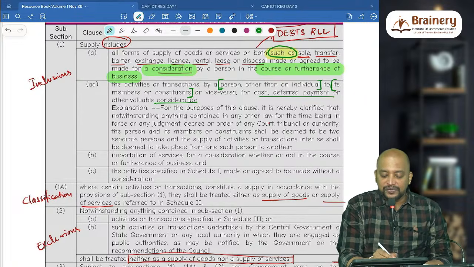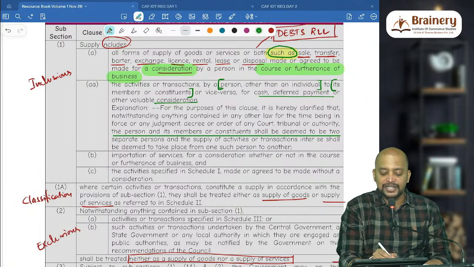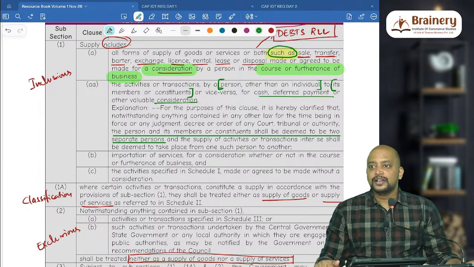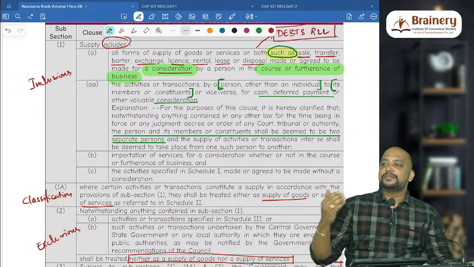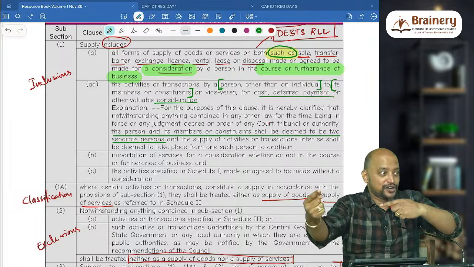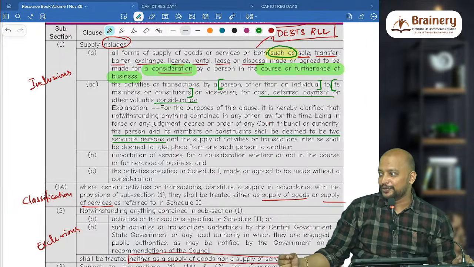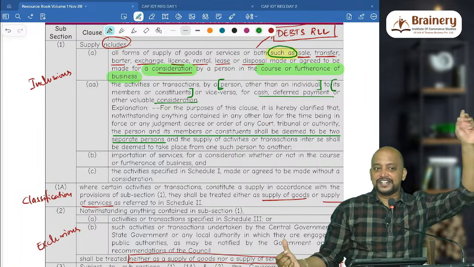Always between government and judiciary, Tom and Jerry will happen. Seriously. So the judiciary will give a decision, and what the government will do is overrule the decision by making an amendment, a retrospective amendment and all. Like that, here the judiciary gave it in the context of service tax.